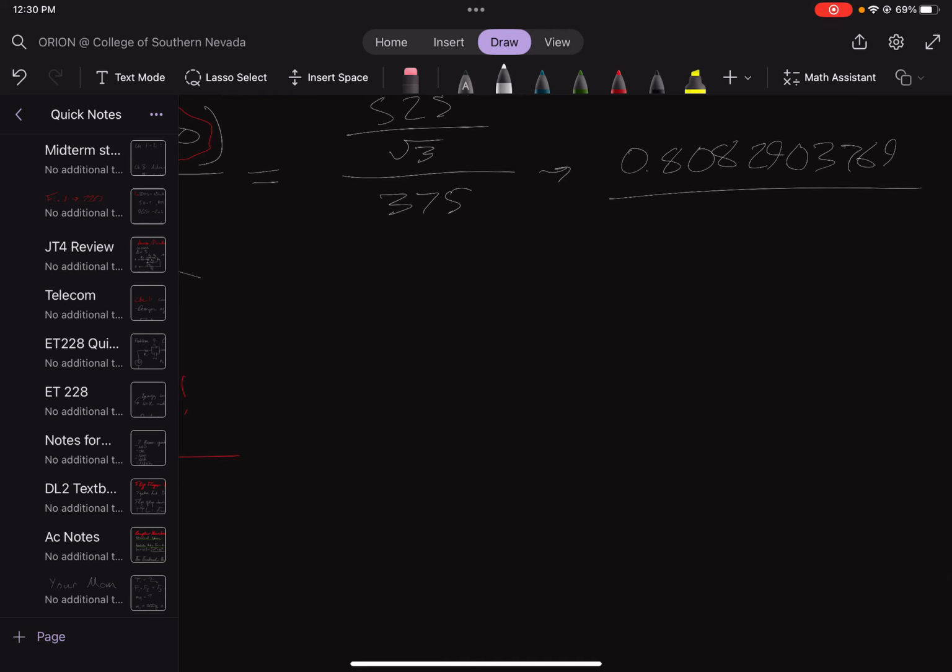And we're going to go right ahead and put that in the cosine inverse of the formula now of that answer. And that equals 36.071 degrees.